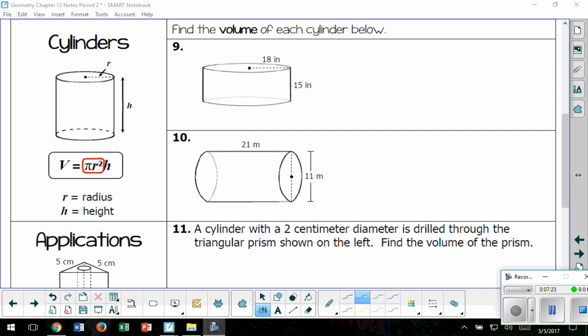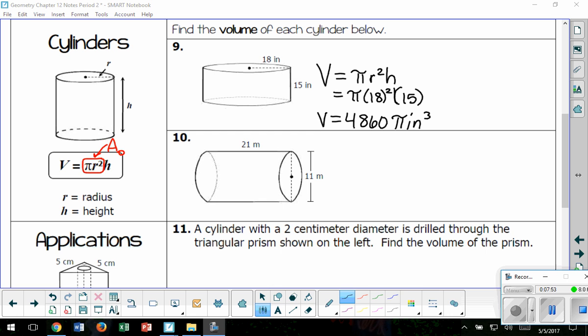Now, what I've circled over here is the area of the circle. So for number 9, volume is going to be pi r squared times the h. So we've got pi times 18 squared times the 15.